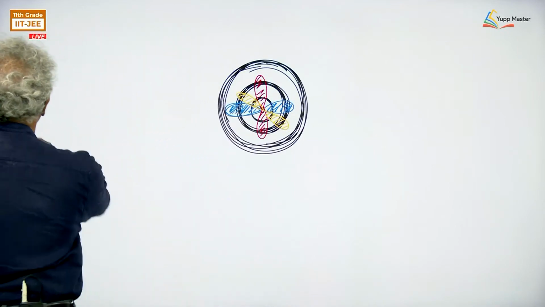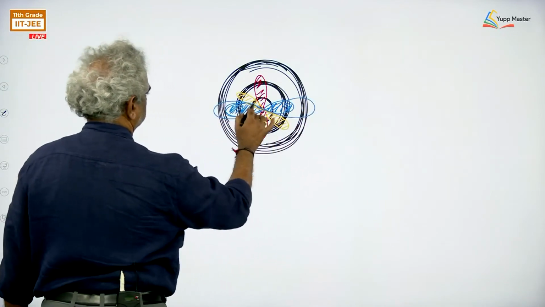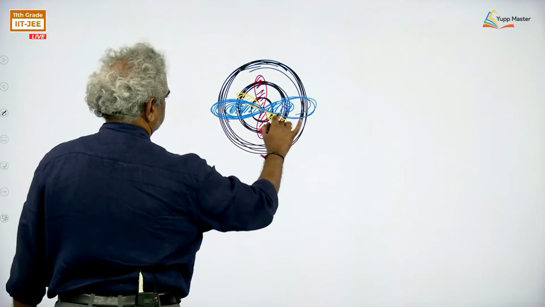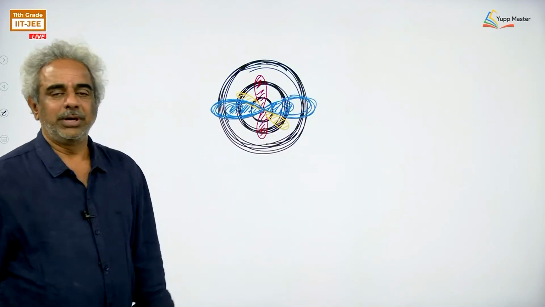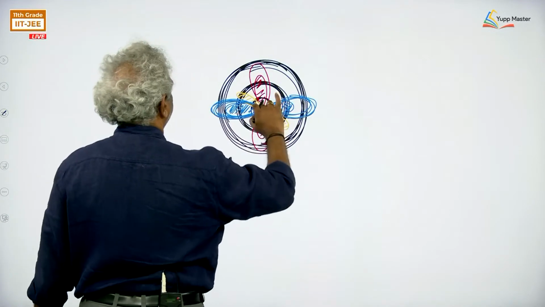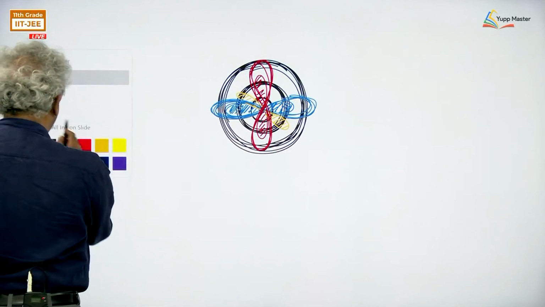And you have 3px, which will be in the x direction only, but larger than 2px, with a node. 3px, 3py larger than 2py, 3pz, sorry.